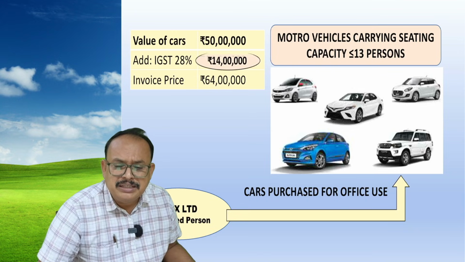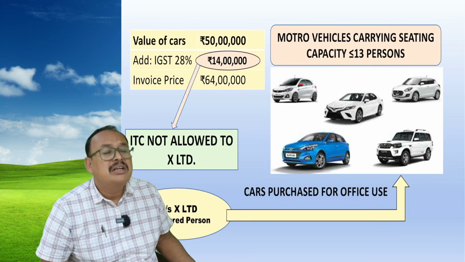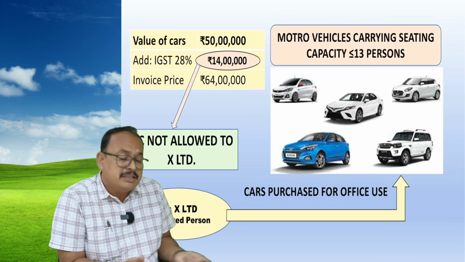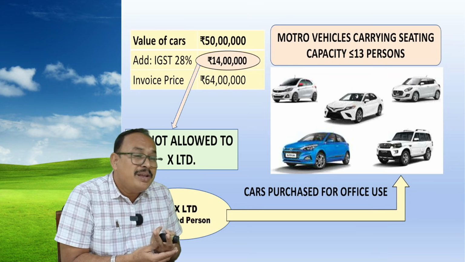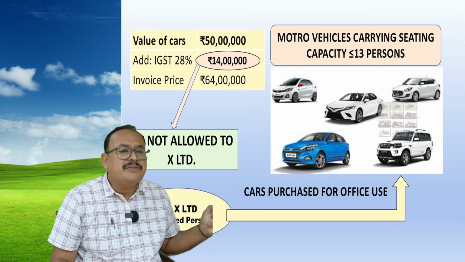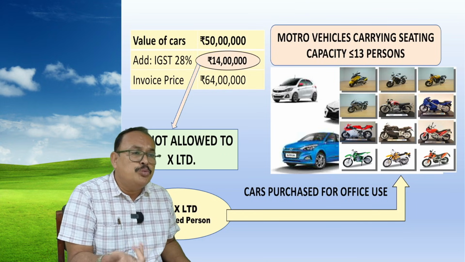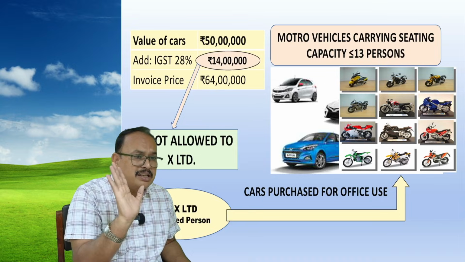Furthermore, in the given case on the screen, it is not allowed because it is used for personal purposes, not for business, and there are no exceptional cases. Therefore, ITC is not allowed. In the case of this motor vehicle also, ITC is not allowed because it is a two-wheeler with 25 cc capacity.